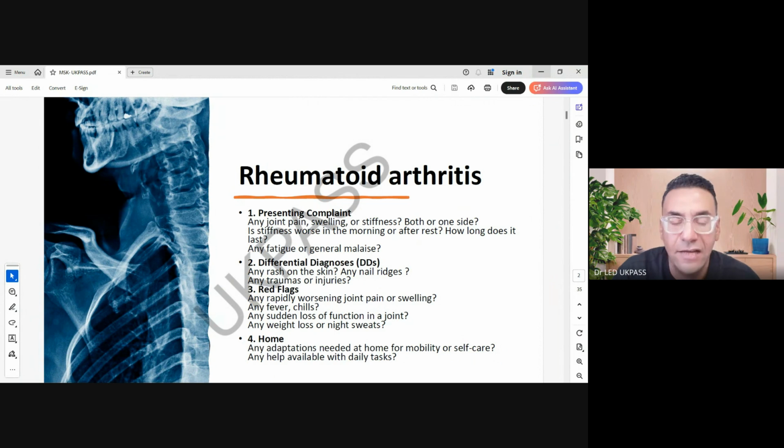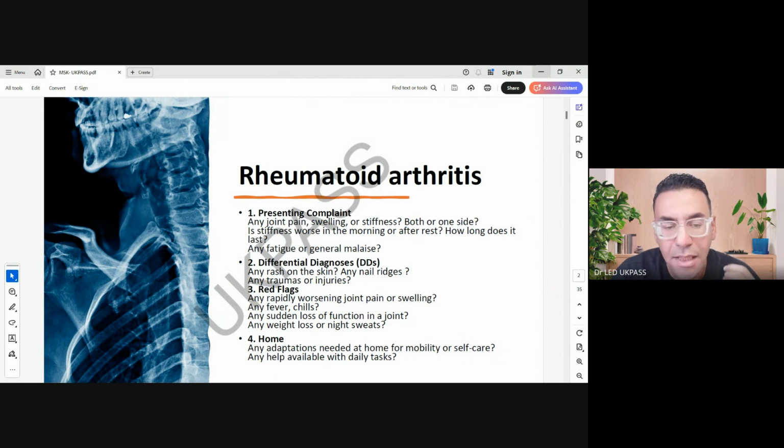If the patient has stiffness, how long does it take until it goes away? Any generalized fatigue or malaise, because rheumatoid arthritis is an autoimmune disease and can cause malaise, fatigue and tiredness.